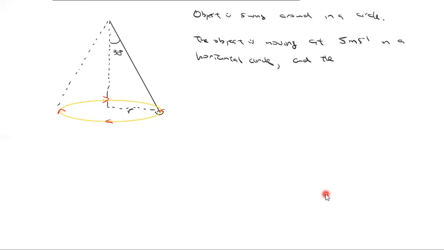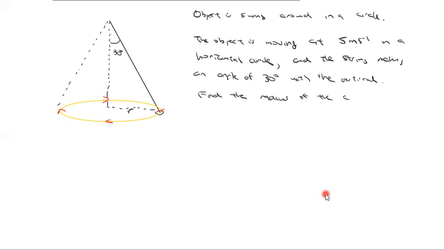And the string makes an angle of 30 degrees with the vertical as shown. Find the radius of the circle. So we might do something like this. Could be an example question.